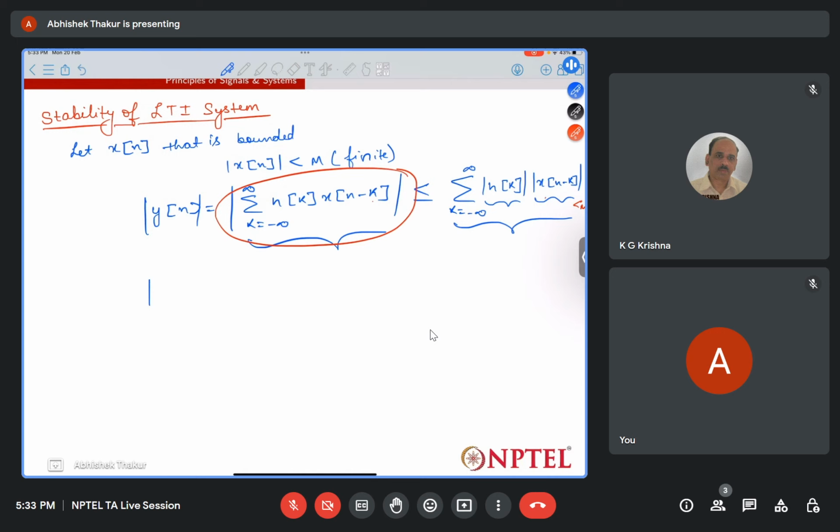|y[n]| is less than or equal to the summation of mod of h[k] into mod of x[n minus k], where k varies from minus infinity to infinity, and we know that |x[n]| is less than M, which is finite for all inputs.